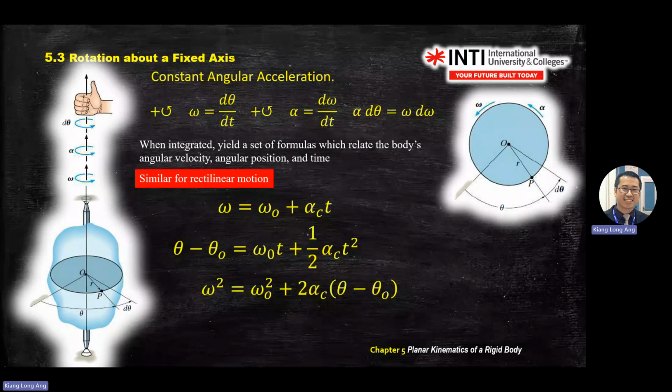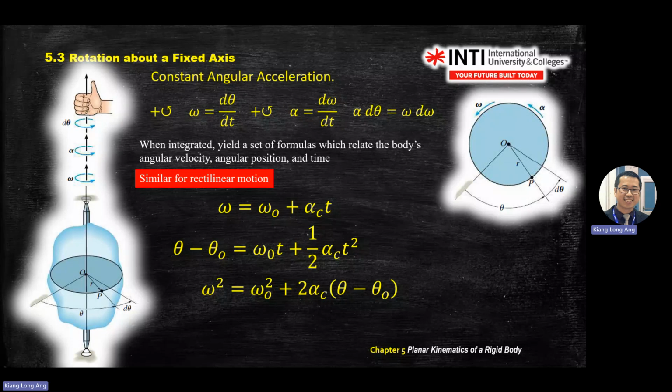You change s to theta, v to omega, acceleration to alpha. Same with the other one. The third one is v squared equal to v0 squared plus 2a delta s, or change of s. Same, you change v to omega, a to alpha, s to theta. It will be the same.